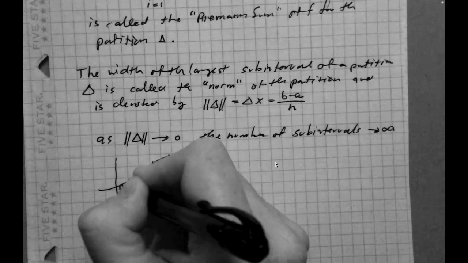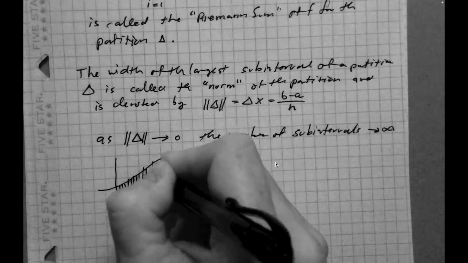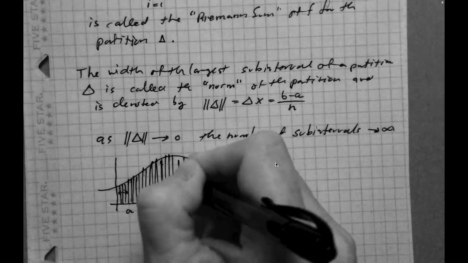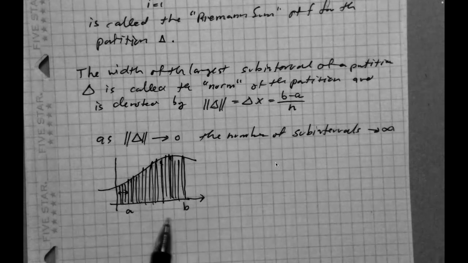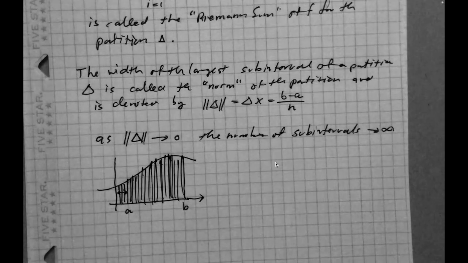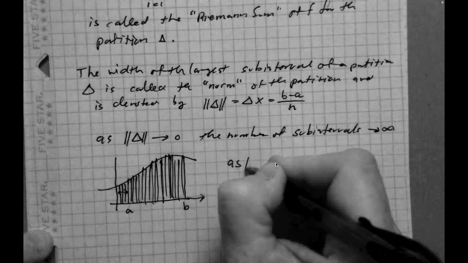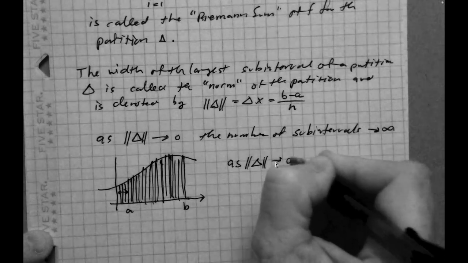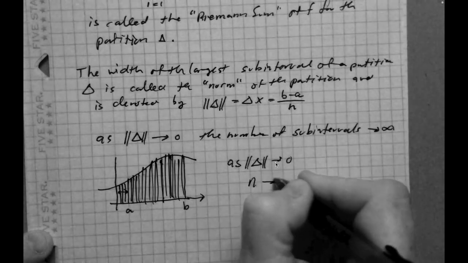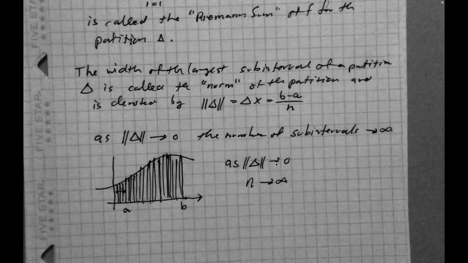And if it cuts in half again, obviously the number of subintervals increases further. So as the width goes to 0, n goes to infinity, n being the number of intervals.